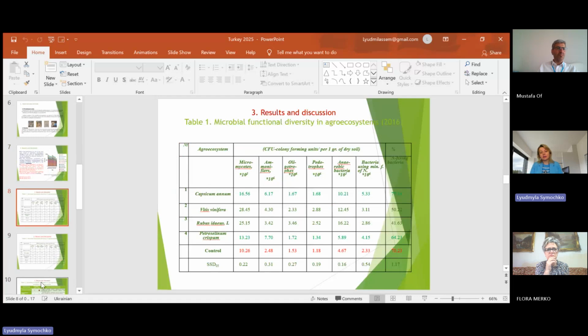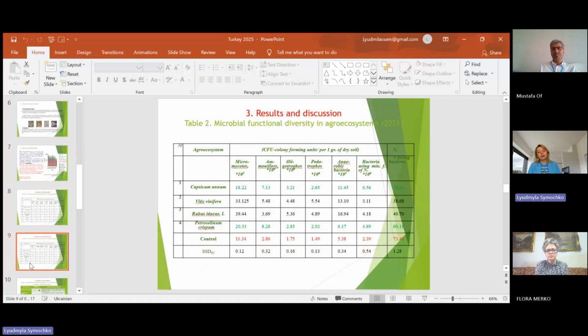Those agroecosystems are characterized by a high level of nitrogen-fixing bacteria, and at the same time, a decreased number of bacteria using mineral forms of nitrogen, also diversity of micromycetes, ammonifiers, and an increased number of oligotrophic and phytotrophic bacteria. So in 5 years, the situation became only worse, unfortunately, and it was expected.